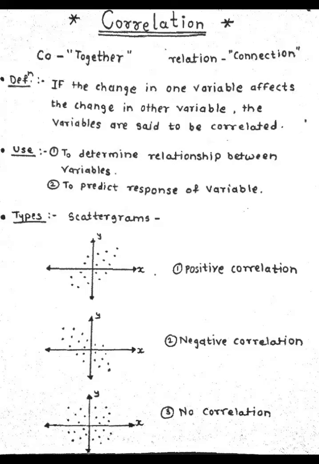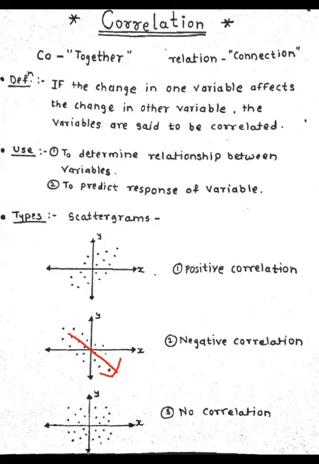Now in the second graph, you can observe that if x decreases, then y increases. Similarly, if x increases, then y decreases. This kind of relationship is called negative correlation. If we draw one line between these observations, then it represents a decreasing line.